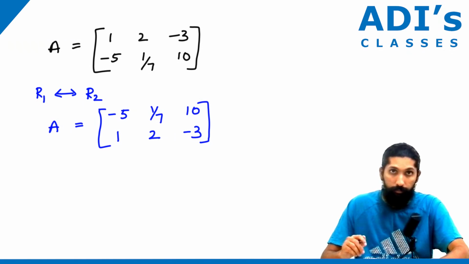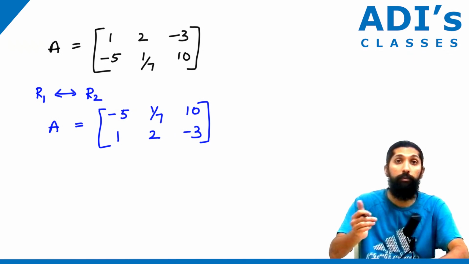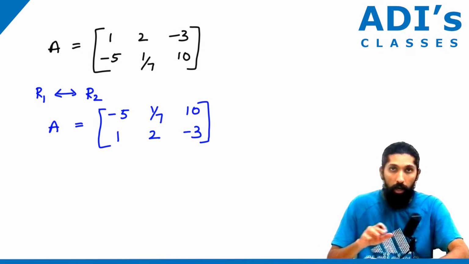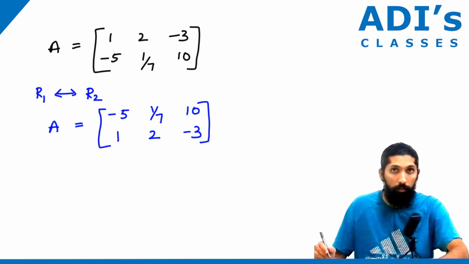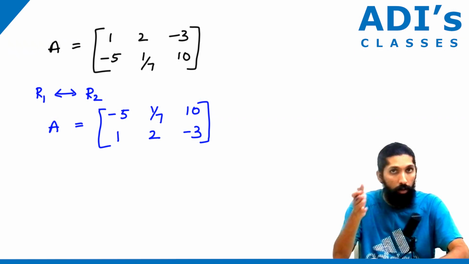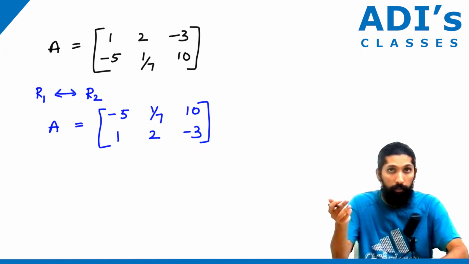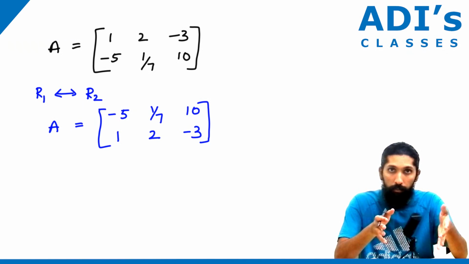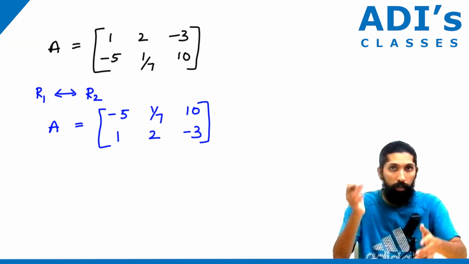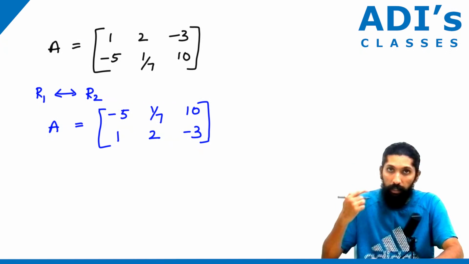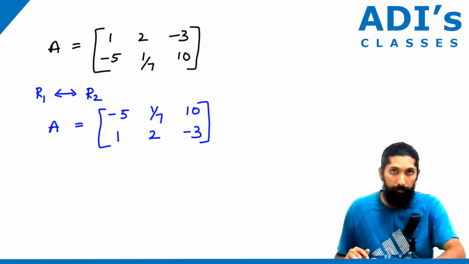Change in the row. Fair enough, this is one type of row transformation. The same thing you can do for column also. You can change column 1 to column 2, column 2 to column 3, or however you want. Whatever you feel easier and comfortable and necessary for the problem, you can do that column or row transformation.